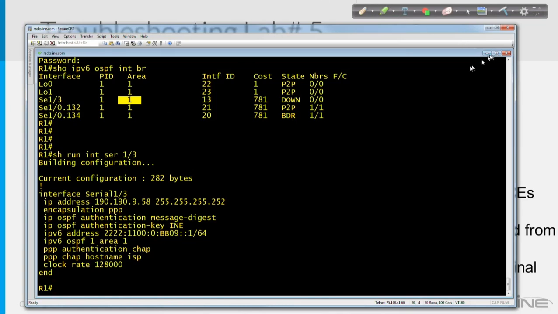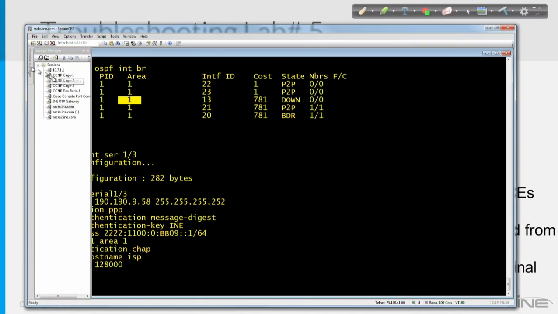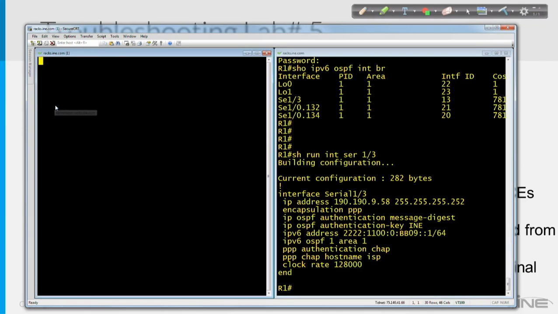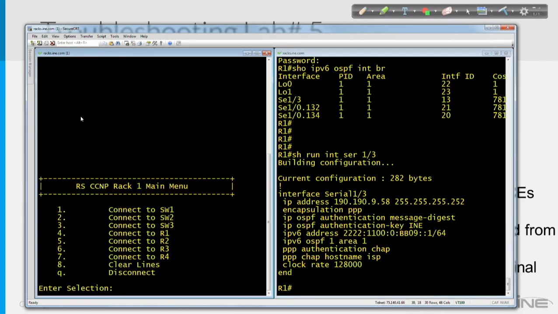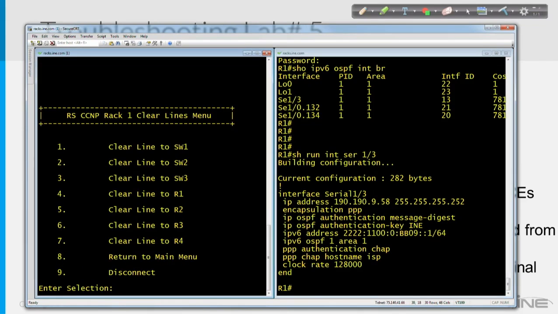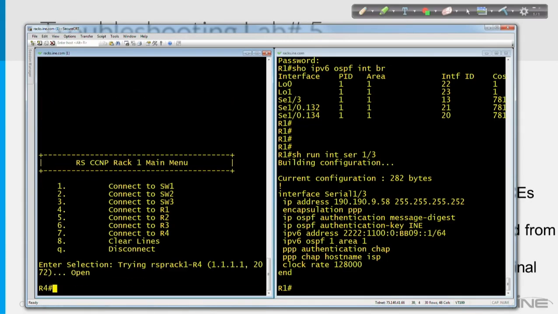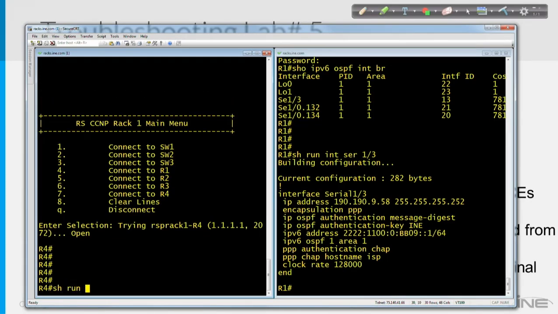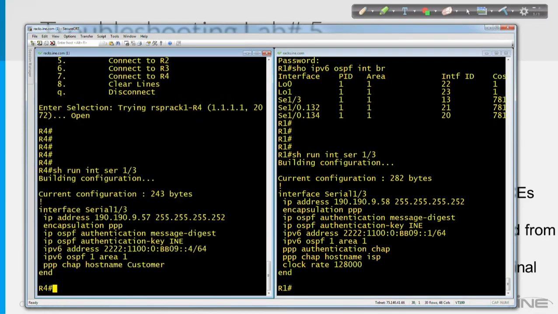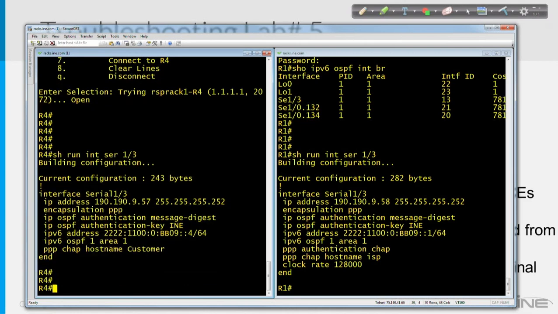All right, so at this point it might be easier for us to line things up side by side. So let's line up router 4 and router 1. Okay, so show run interface serial 1/3. And here we go. Okay, so let's check some basic things.